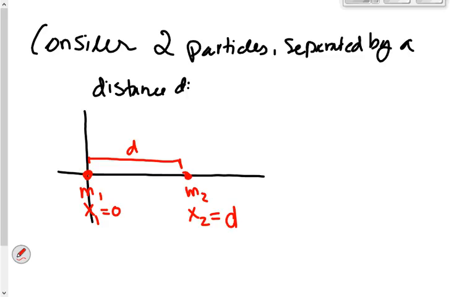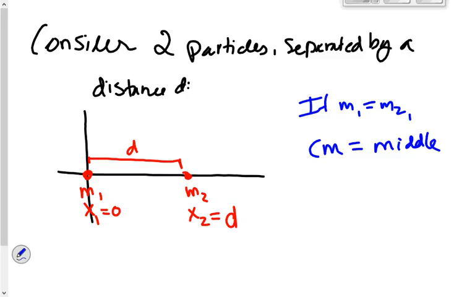Okay. So if M1 equals M2, where would the center of mass be? D over 2, which would be the middle. So the center of mass would be in the middle between the two particles, and we denote that coordinate as xcm, and it would be d over 2.